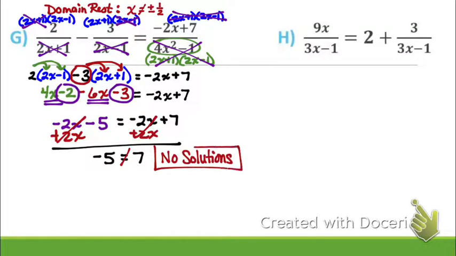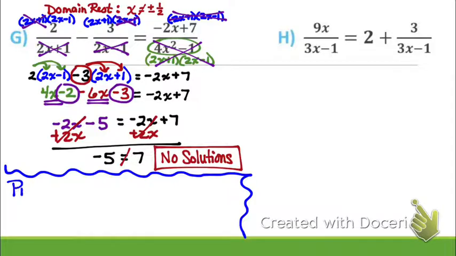No solutions. I want you to pretend with me for just a moment. What if I had gotten negative 5 equals negative 5 when I had done this? Just pretending. What would my answer be then? All solutions. Infinitely many solutions, all real numbers, except positive or negative 1/2.